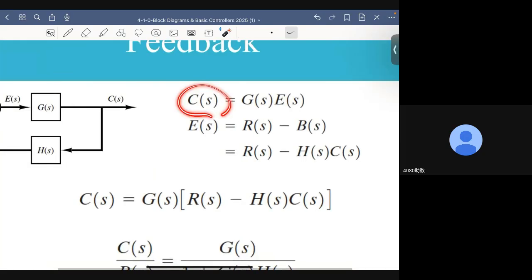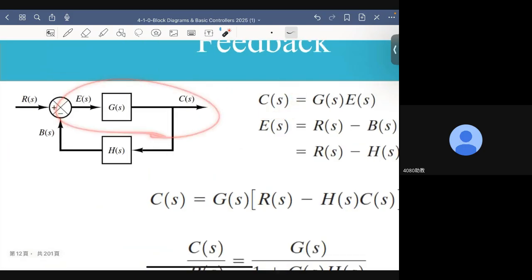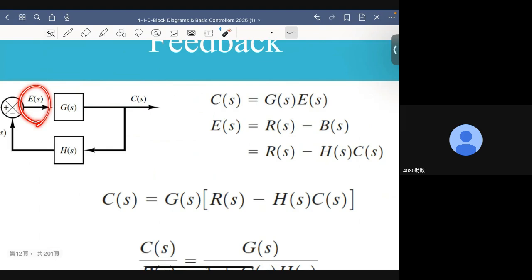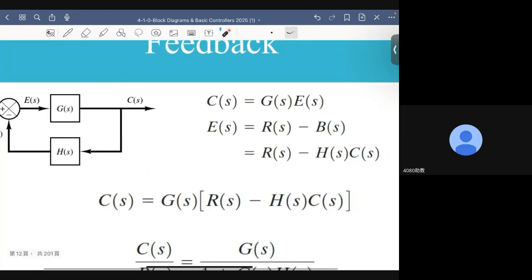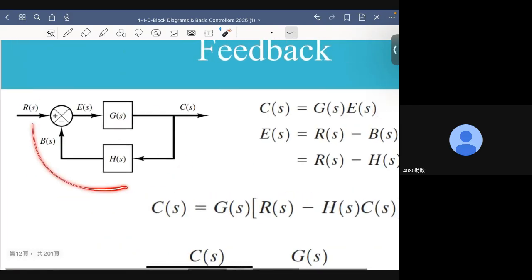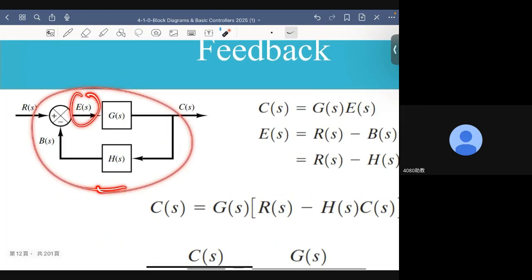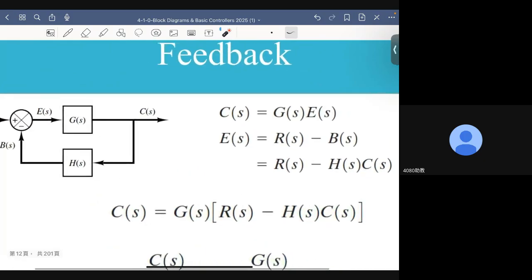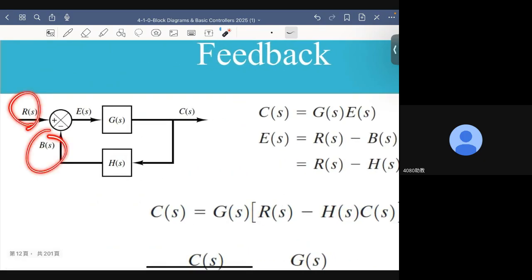Now, the output from this block diagram is apparently the product of the input and the transfer function, right? This is the output. Now, what is E? From the block diagram, E is actually the difference between R and B, right?